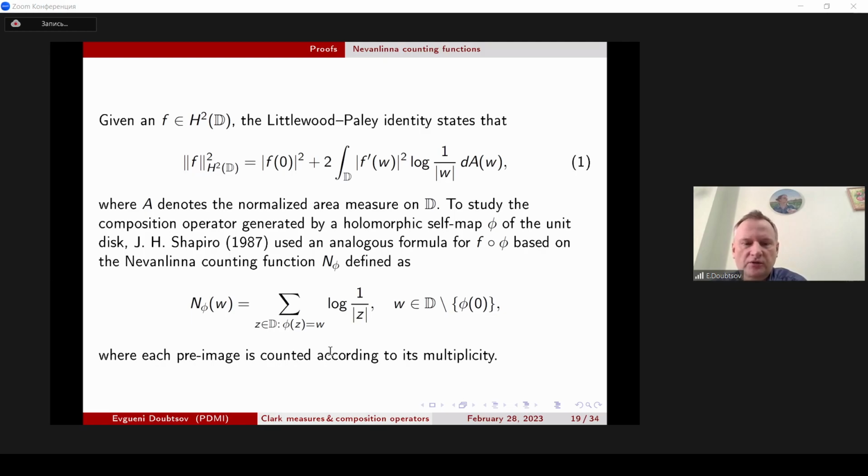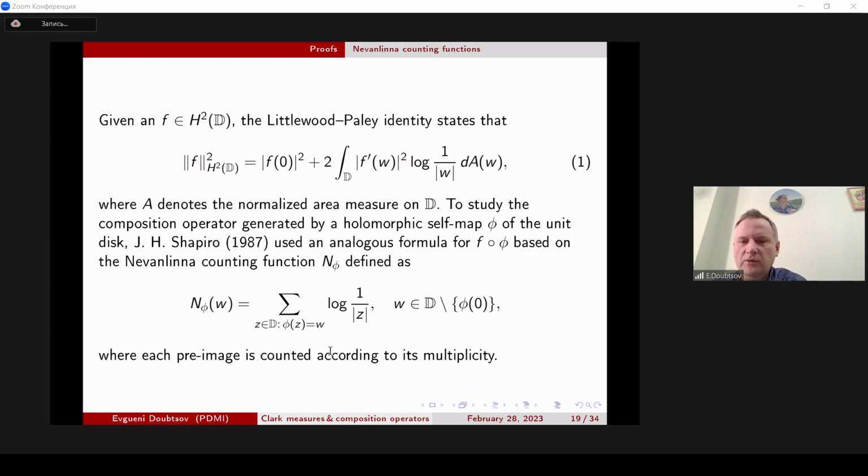This is a function defined as the sum of log 1 over modulus of z. So we take n sub phi of omega of w, where phi of z should be equal to w. We do not count zeros, so in plus infinity we exclude.